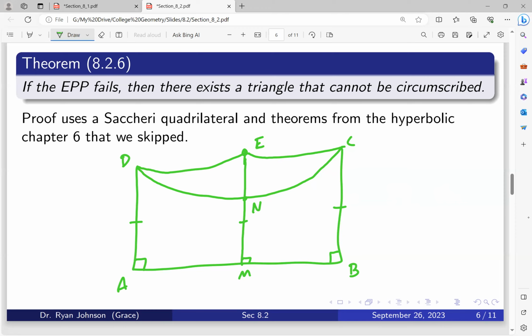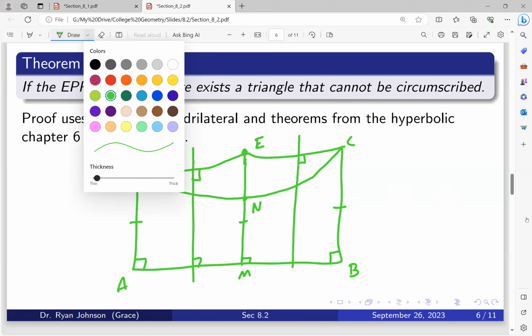And so then if I perpendicularly bisect again, I've got another Saccheri quadrilateral right here, which means that's going to be perpendicular. I've got another Saccheri quadrilateral on the right side, which means that's going to be perpendicular.